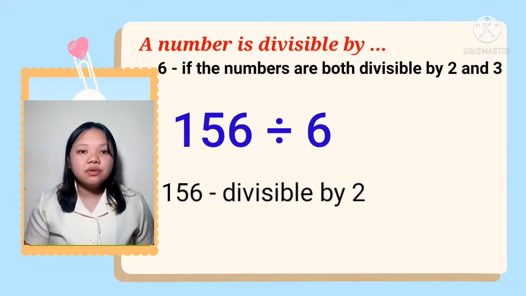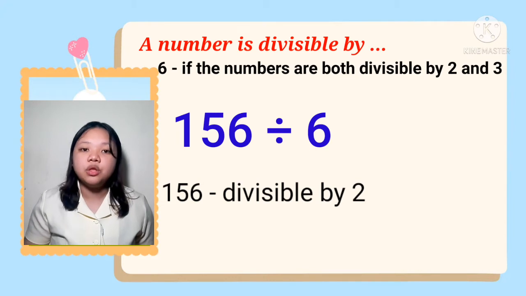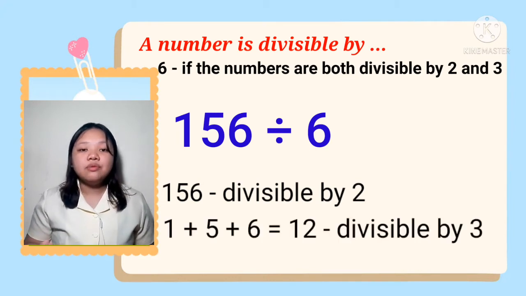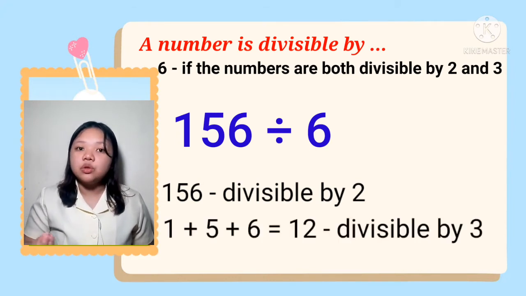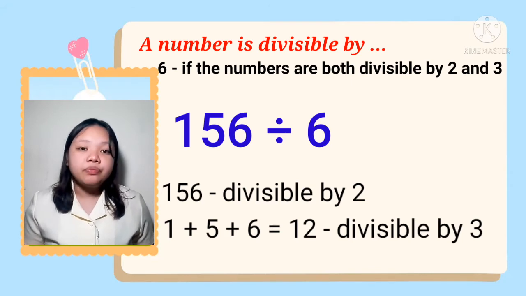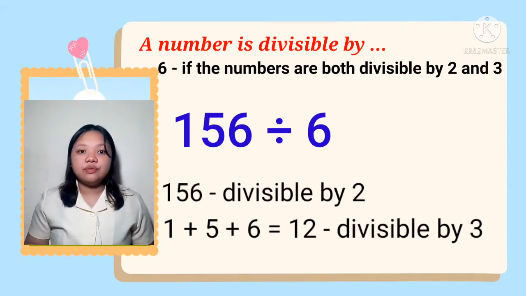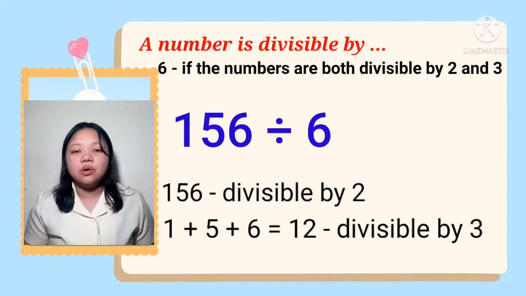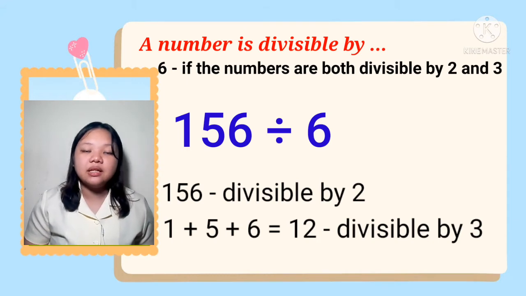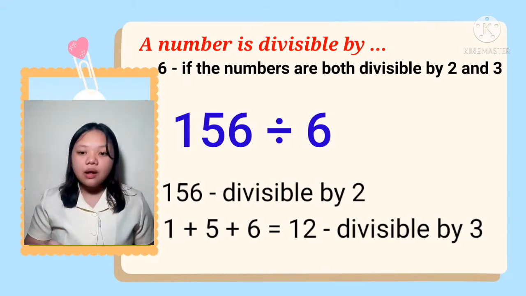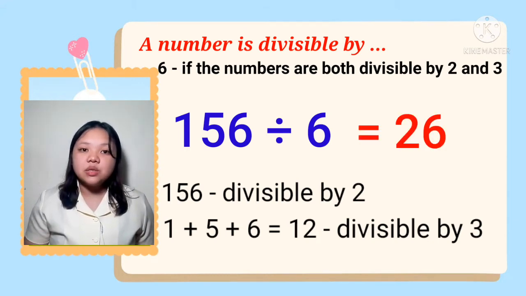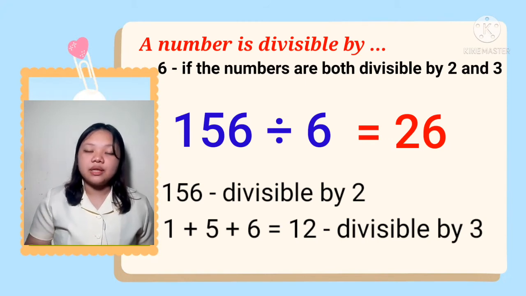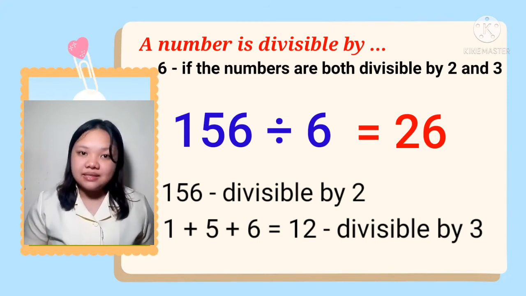For the divisibility rule of 3, let us check if the sum of the digits is a multiple of 3. 1 plus 5 plus 6 is equal to 12, which is a multiple of 3. Therefore, 156 is divisible by both 2 and 3. So let us try 156 divided by 6, and it is equal to 26, which is a whole number. Therefore, it is divisible by 6.